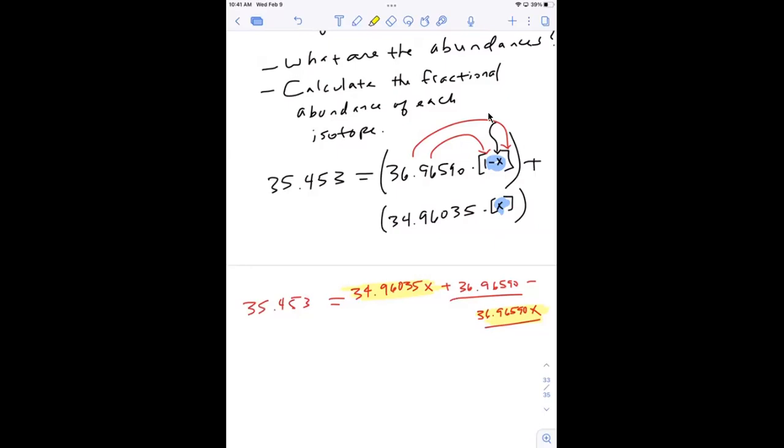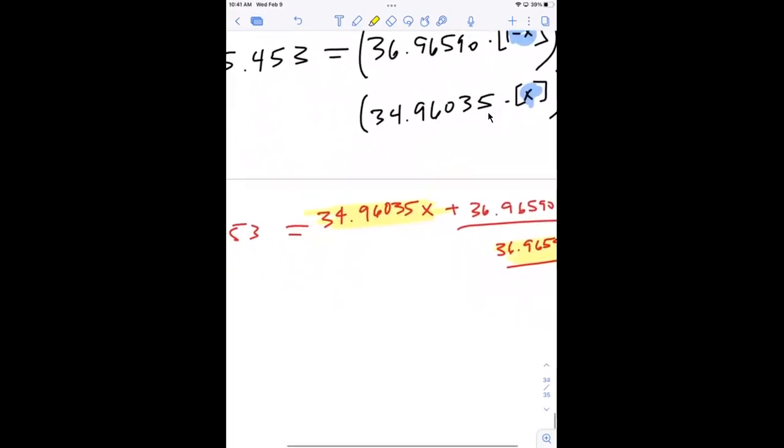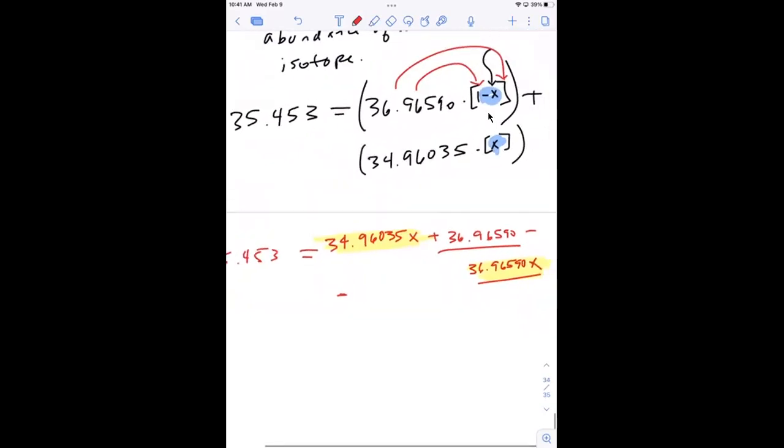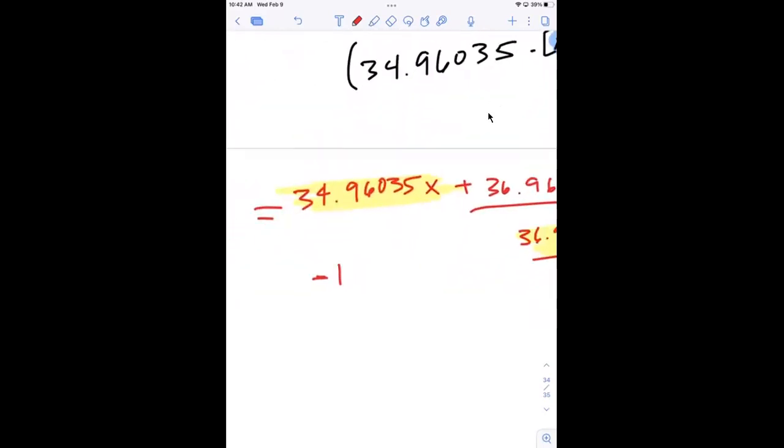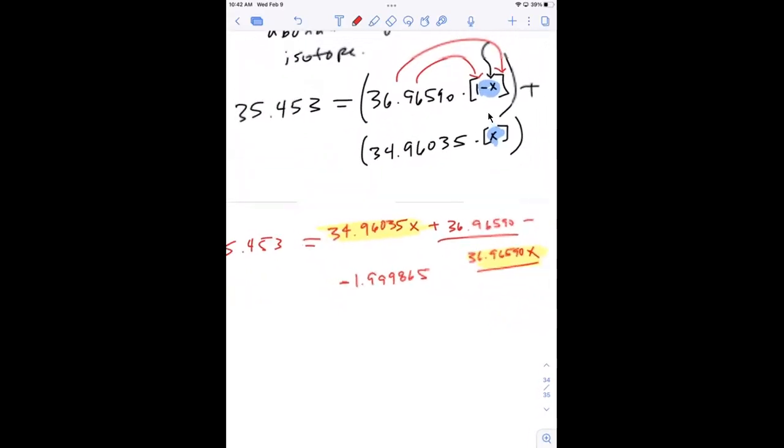I got 36.96590. So I got negative 1.9999865. Okay, we'll take that. All right, so that's x, right? Mm-hmm. So that's our x term now.